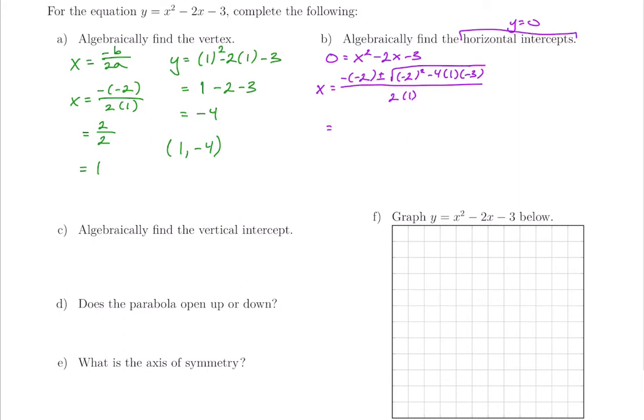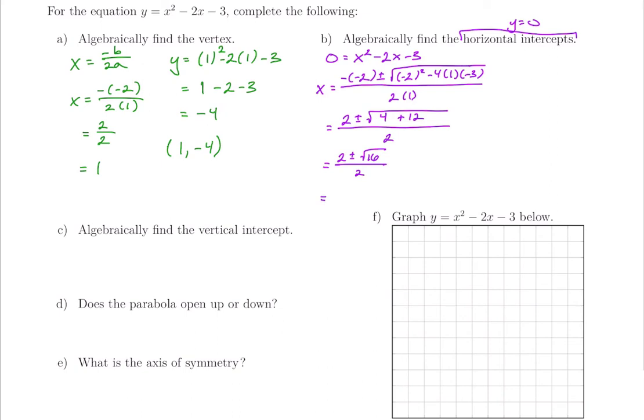Simplifying that, the opposite of negative 2 is a positive 2, plus or minus the square root of negative 2 quantity squared is 4, negative 4 times 1 times negative 3 is plus 12, and in the denominator, 2 times 1 is 2. So that gives us 2 plus or minus the square root of 4 plus 12, all over 2. Continuing to simplify under that radical, 4 plus 12 is 16, and this gives us 2 plus or minus the square root of 16 over 2.